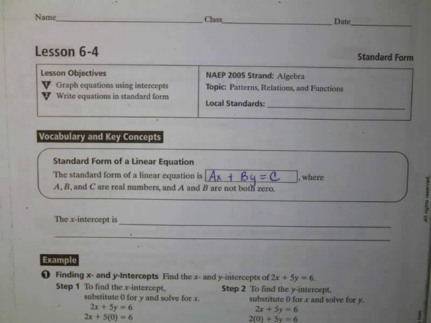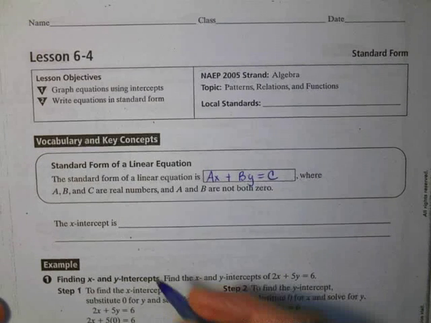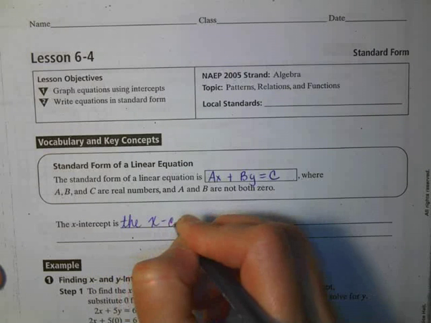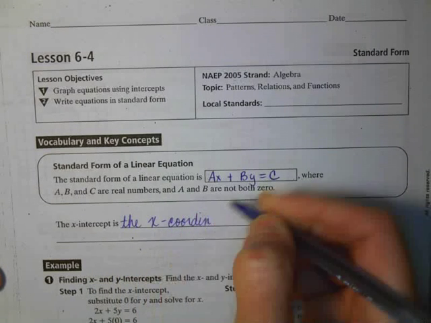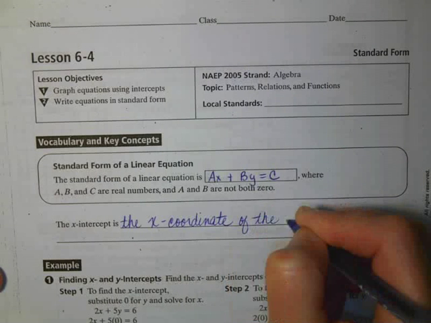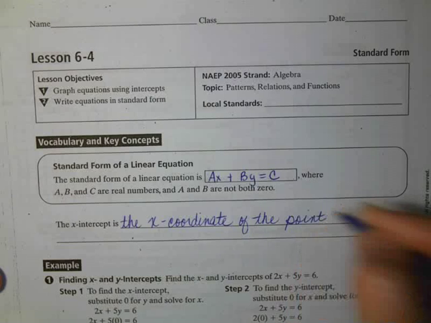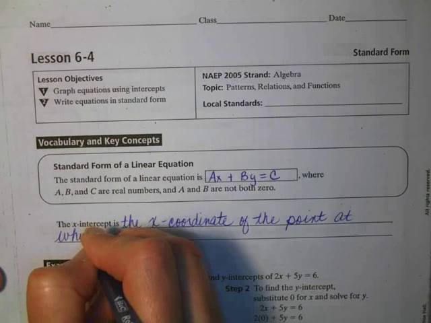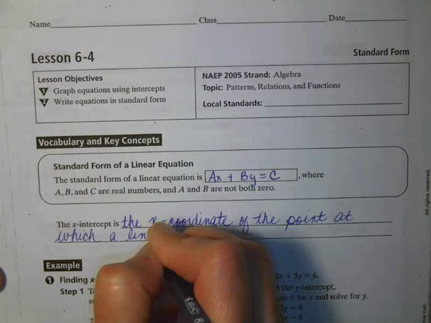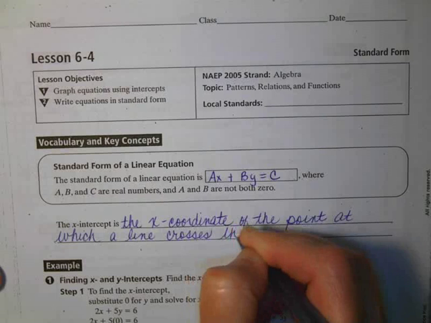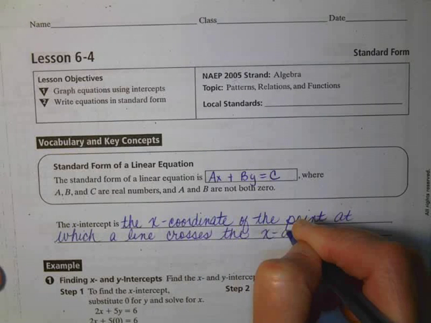Okay, so we've already talked some about the y-intercept, but here we're also going to be looking for the x-intercept. And the x-intercept is the x-coordinate of the point at which a line crosses the x-axis.